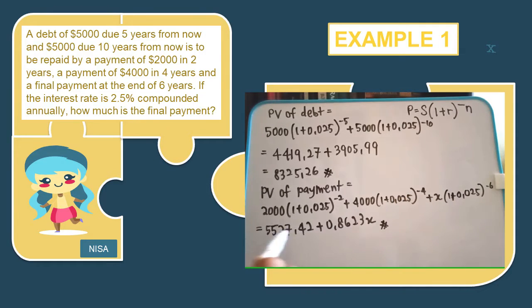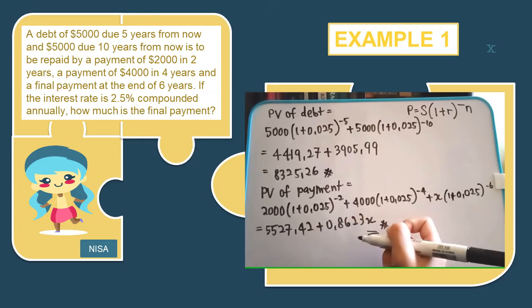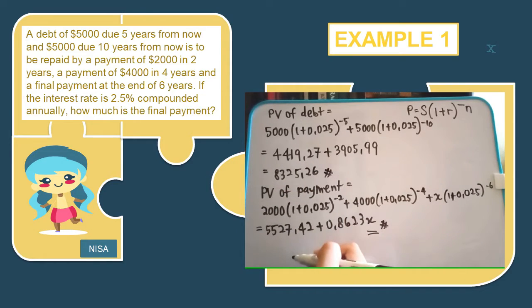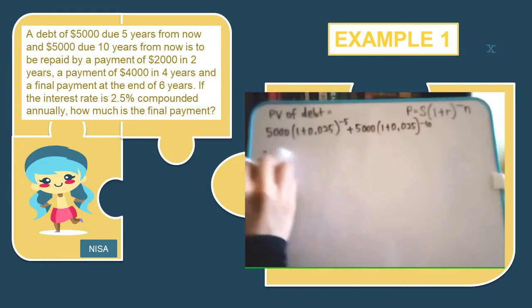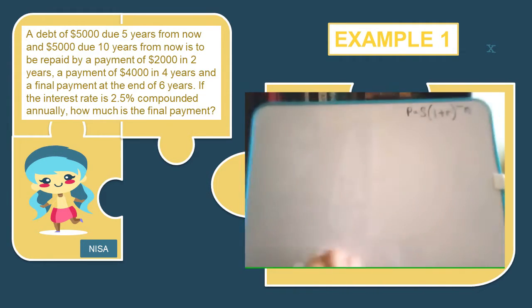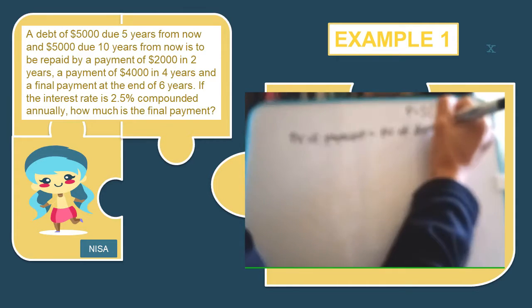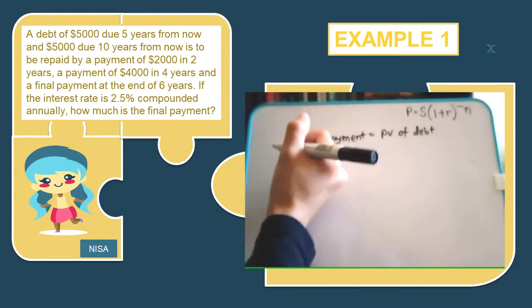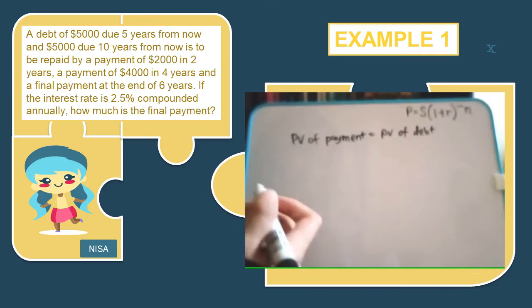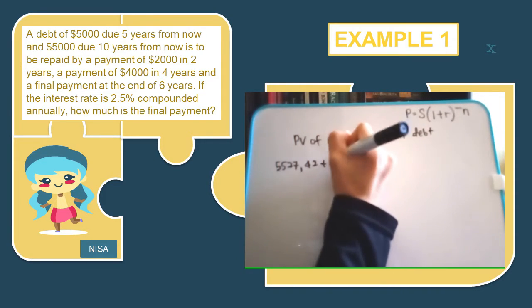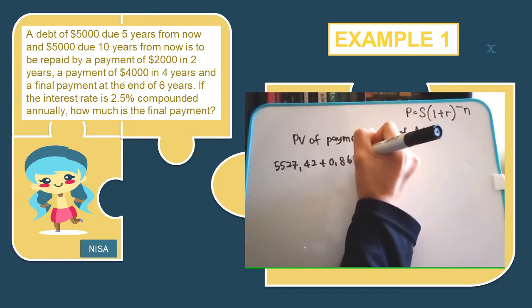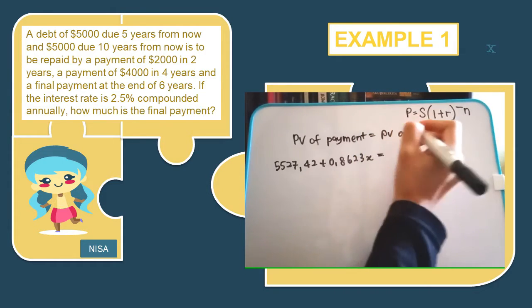This is the final answer we get. And how to get the X by this. So now we are going to get X. As how we calculated before, we get that present value of payment equals present value of debt.